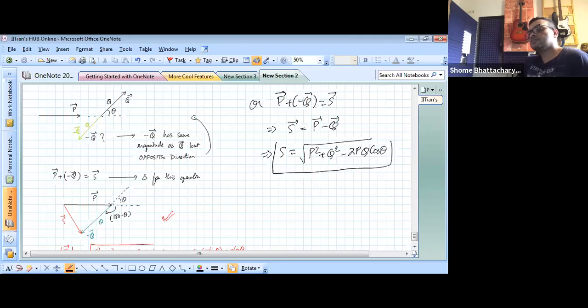This is using the triangle law for difference. This is directly the formula of triangle law for difference of two vectors instead of sum.